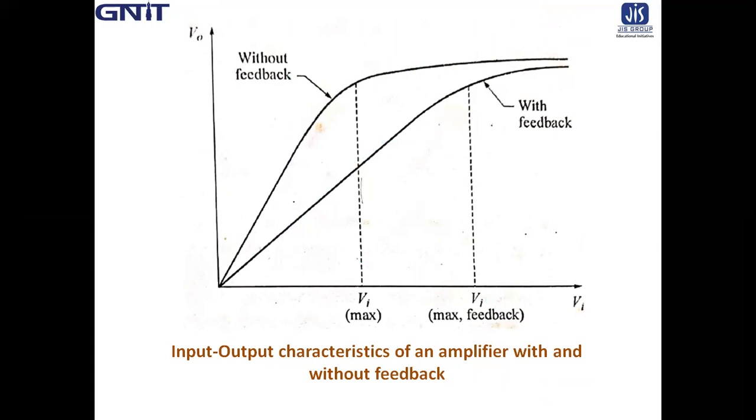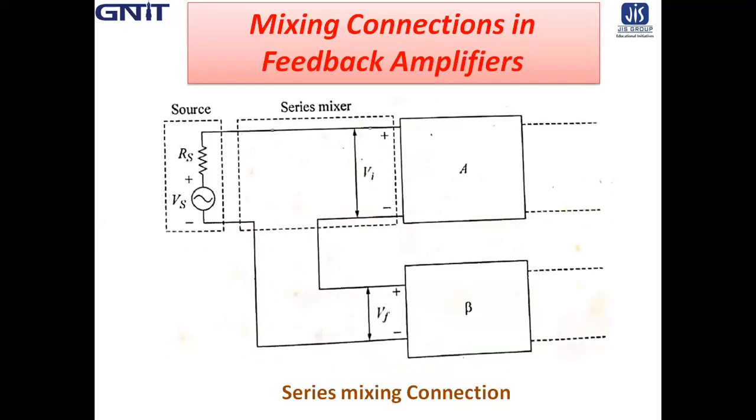Now depending on the mixing, what are the different types of mixing connection in feedback amplifier? Depending on the mixing of the input signal Vs and feedback signal Vf, two types of mixture circuits are possible. One is called series mixture and the other is called shunt mixture. So the first circuit is called series mixing.